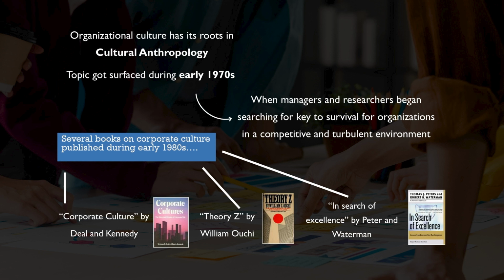There was another theory that came into play called Ouchi's Theory Z. There is another beautiful book on organizational culture, In Search of Excellence by Peters and Waterman. With these kinds of books, the research began, and finally this elusive topic of organizational culture came into play.